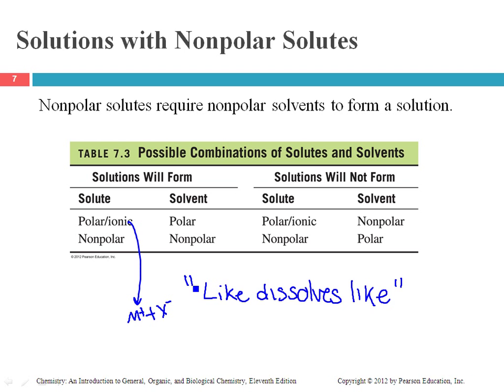A solution will not form if you have the opposites. If you have a nonpolar solute and a polar solvent, a solution will not form. They will not be soluble in each other, and a solution, a homogeneous mixture, will not be present.